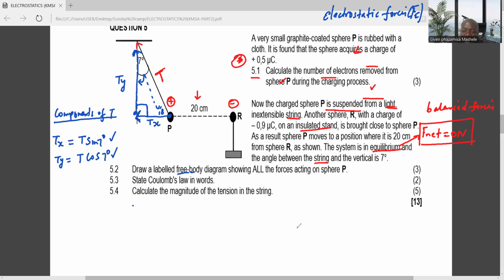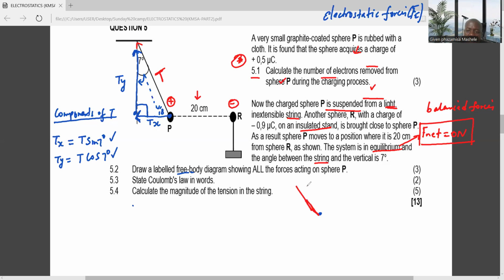So when we are going to draw our free body diagram, firstly you're going to have the tension. The tension will be part of it.